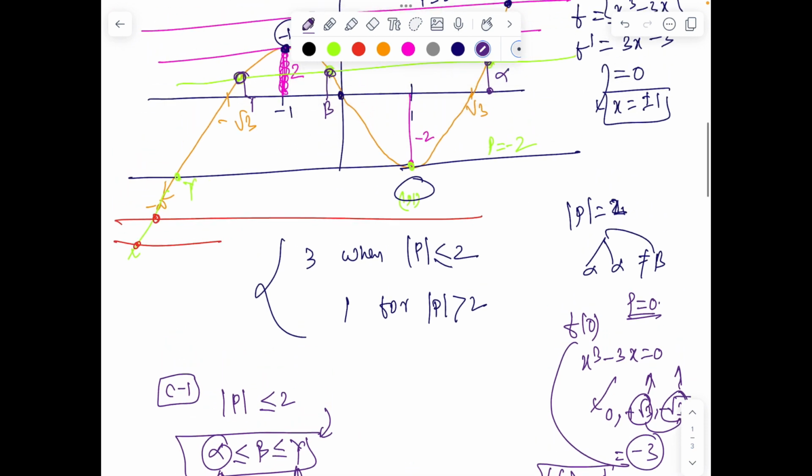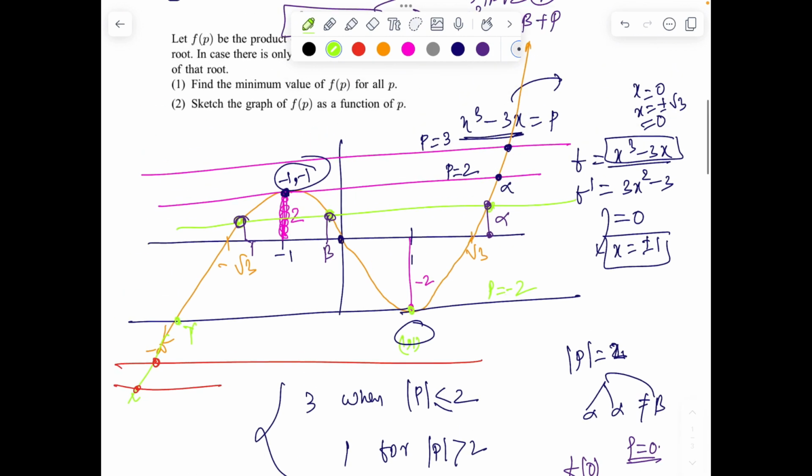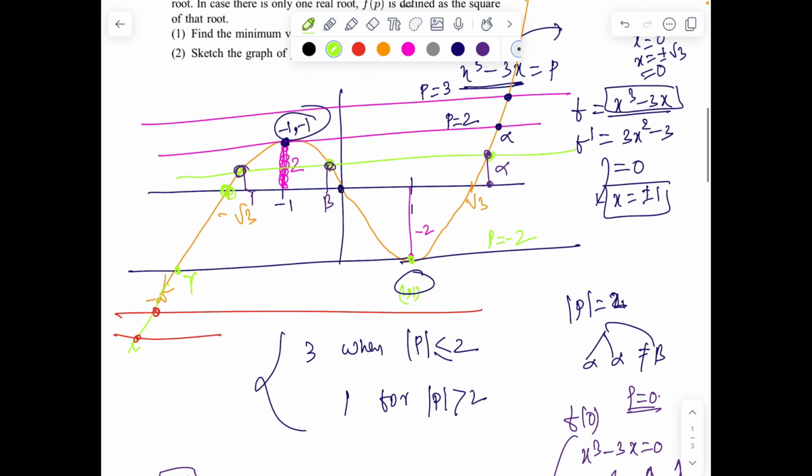Now, is there any restriction on beta? Of course, yes, because one root is less than minus root 3 and the other is more than that, right? What is the restriction on beta?